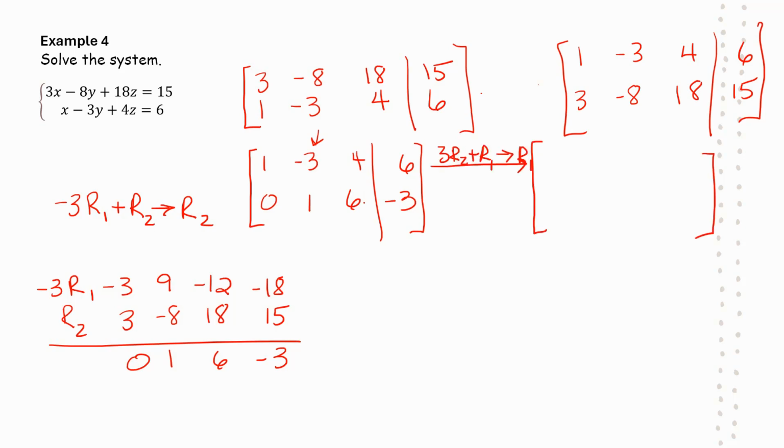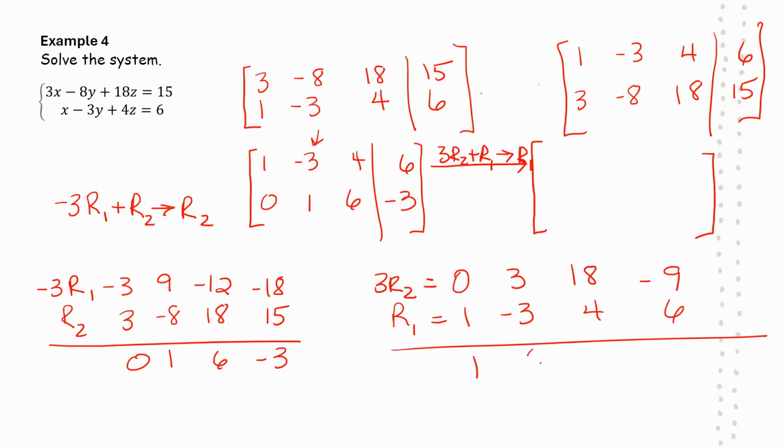So 3 times row 2 is equal to 0, 3, 18, -9, and our row 1 is 1, -3, 4, 6. Add it all up, you get 1, 0, 22, -3. So that's going to be our new row 1: 1, 0, 22, -3. And row 2 stays the way it is.